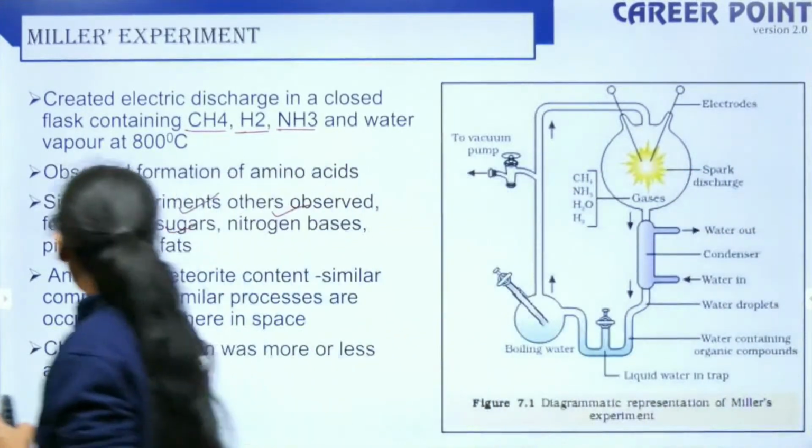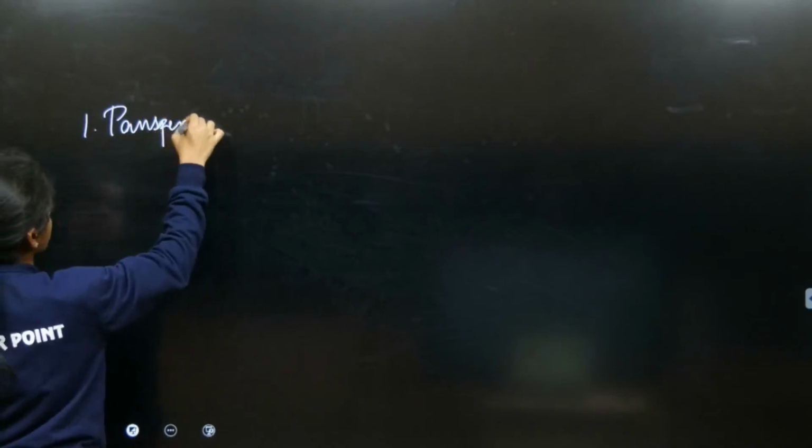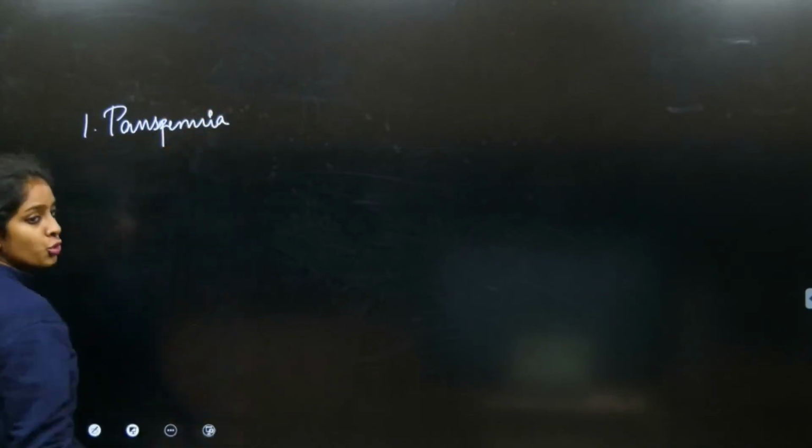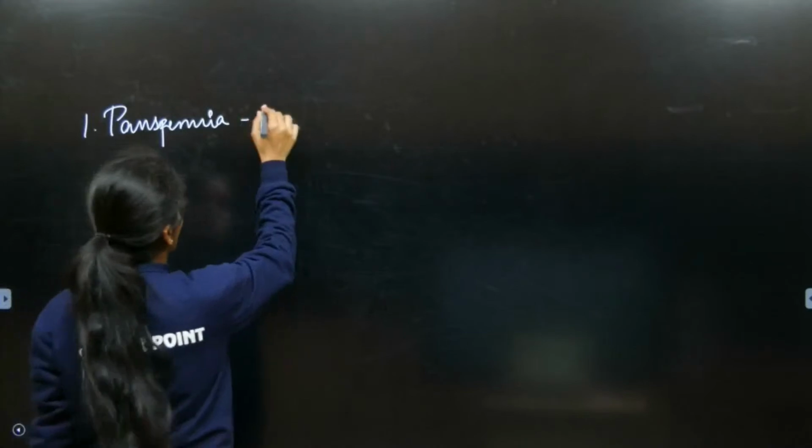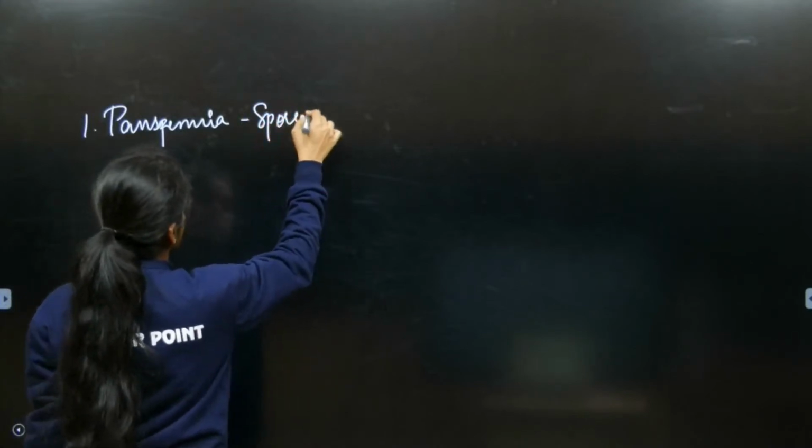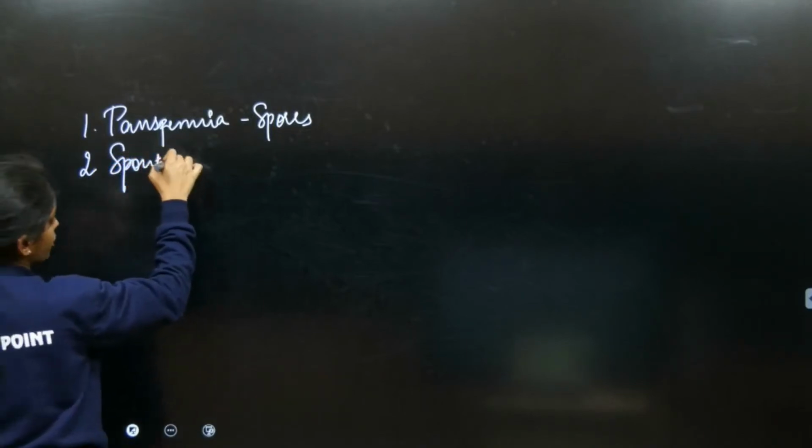So we read about 4 points. What are the 4 points? First was the theory of panspermia. Here I told you to remember your spores, right? Number 2, it was the theory of spontaneous generation.